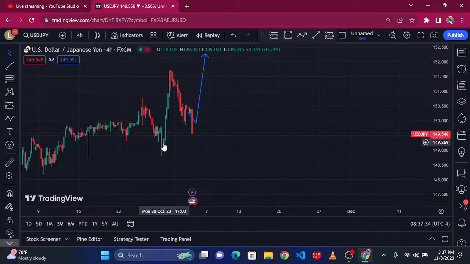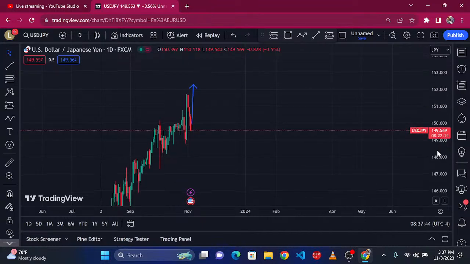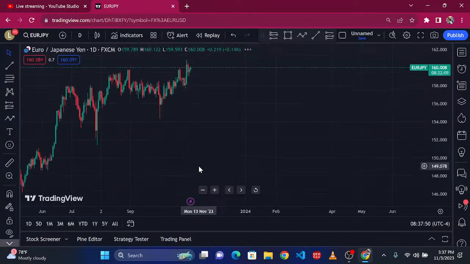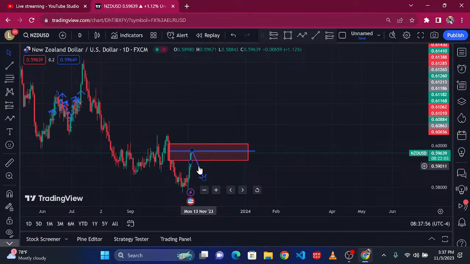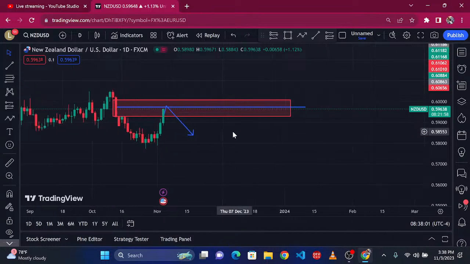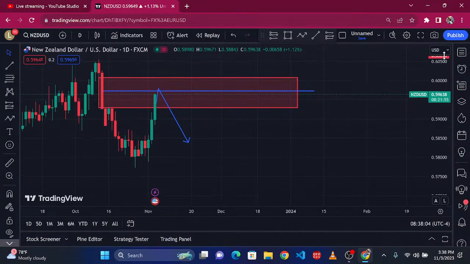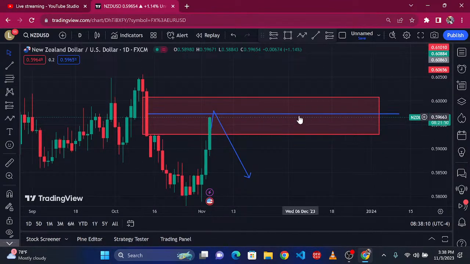Now we have a fair value gap right here, which it has to respect. As the USD has reached our level, it hasn't reached the line, but I am hoping it reaches this line.